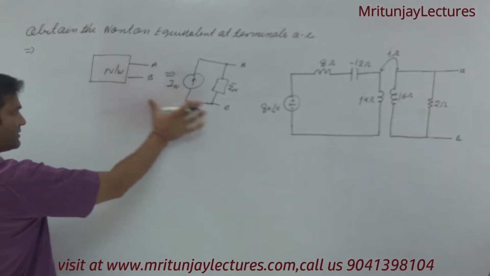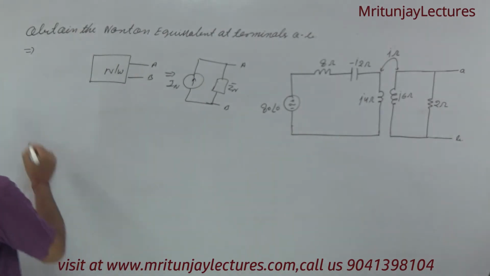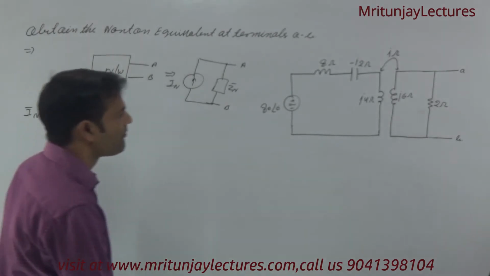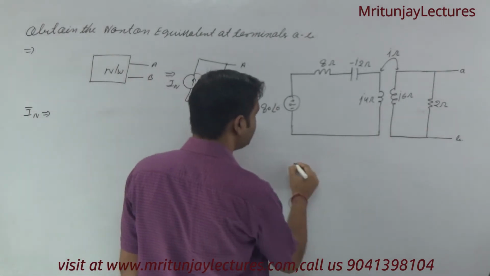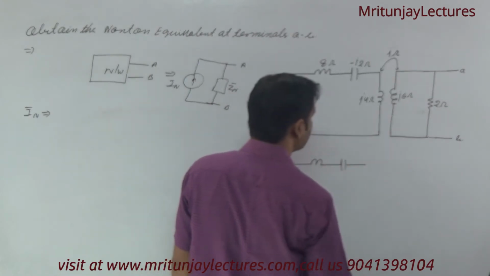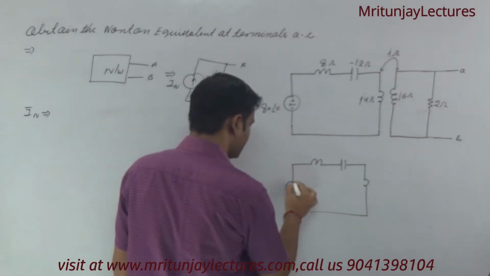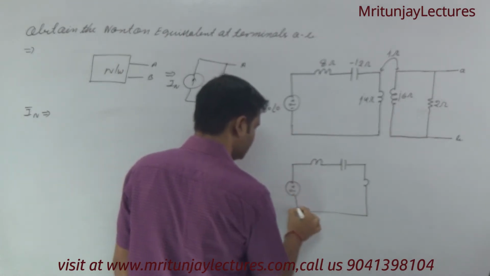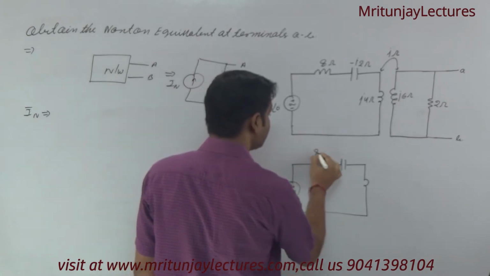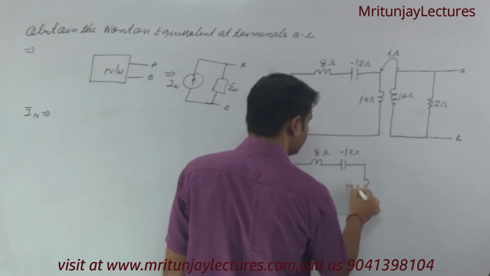This network corresponding to AB should be made like this one. So how can we determine IN? First of all we have to focus on IN. The source is 80 at the angle 0, with 8 ohm minus J2 ohm, and J4 ohm.